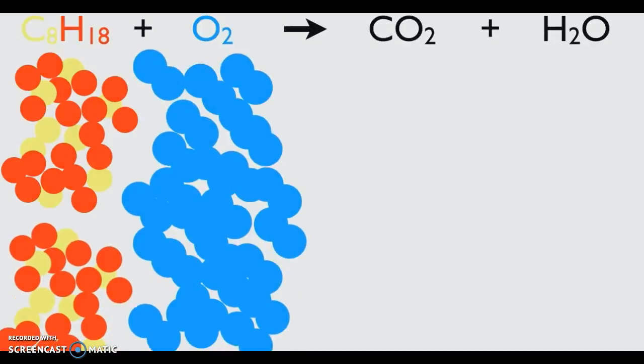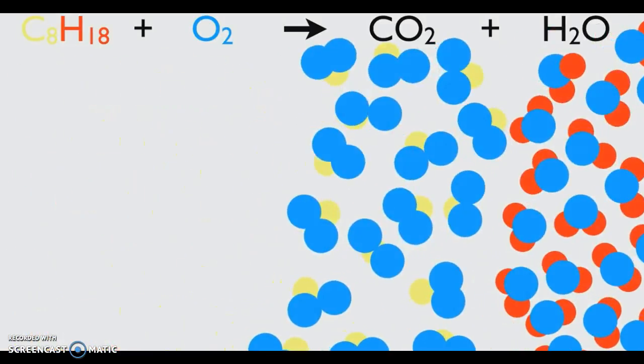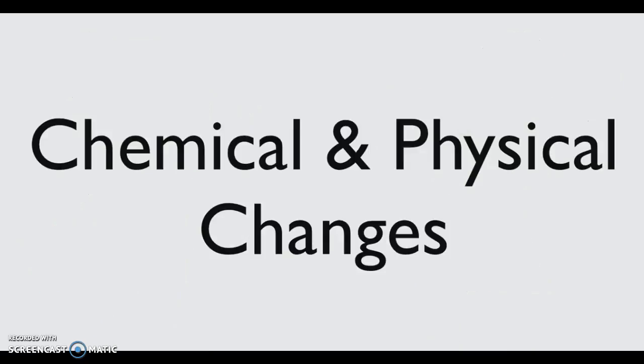This is a chemical change because octane is no longer a molecule. Something new has been created. You can tell the difference between chemical and physical changes because chemical changes can't easily be undone, but lucky for Mark, a physical change can be undone, and his glass of water is almost back to a liquid. Chemical and physical changes.